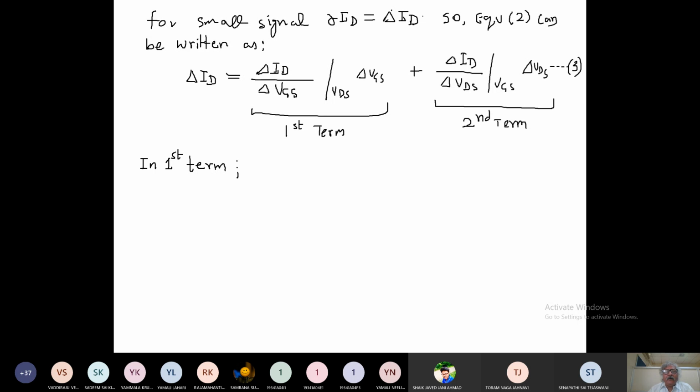Now if you recall the FET circuit which we discussed earlier, this is the symbol of JFET.